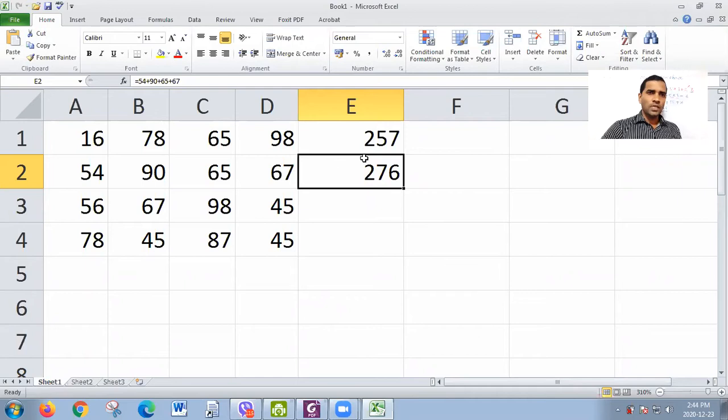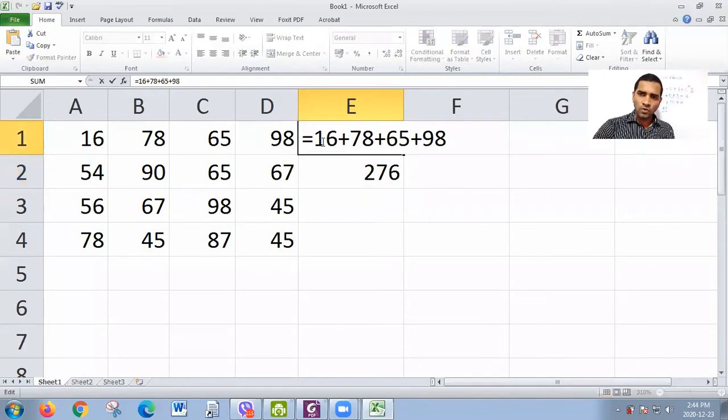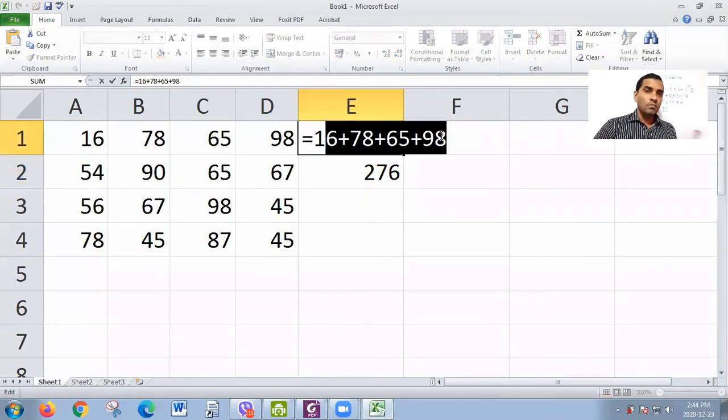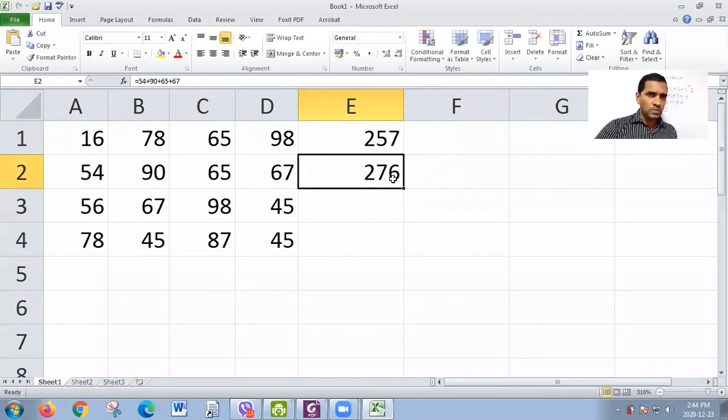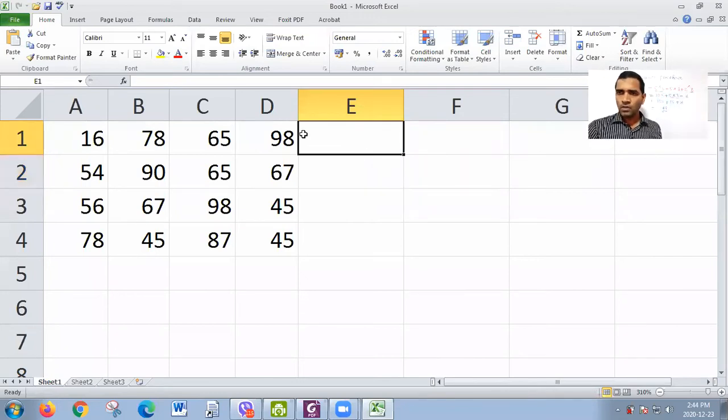You cannot write your formula by including the numbers directly. So I don't want to use this idea. But in fact, this is a formula, right? Really, it's a formula, but it doesn't look good because it has to be entered every time. So let's erase that. Okay.